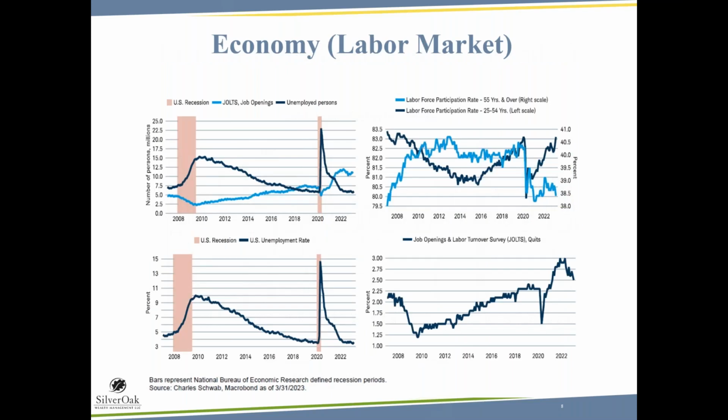Now here we're also looking at the economy. This is something that, for right now, is a bit more positive. We do know that when we look at the unemployment rate, when we look at the job openings numbers, things have been generally very positive. But on this slide, I did want to highlight one thing that is very interesting.